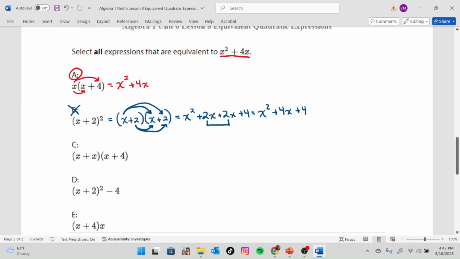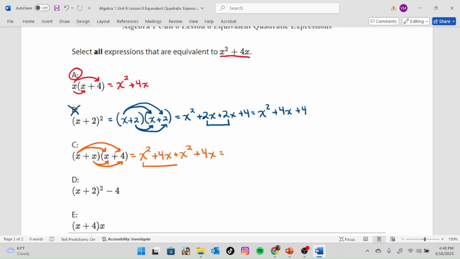Choice C. We take x times x, and we get x squared. X times 4 is 4x. X times x gives us x squared, and x times 4 gives us 4x.